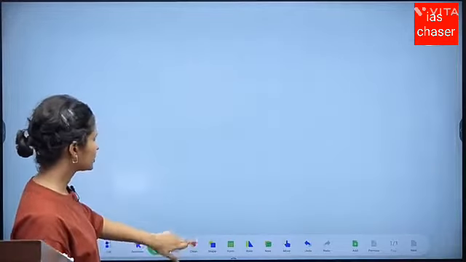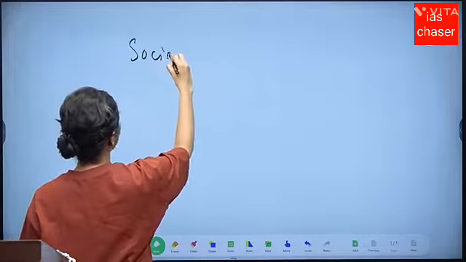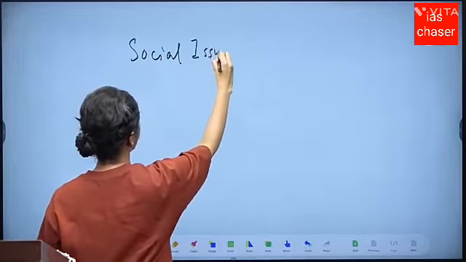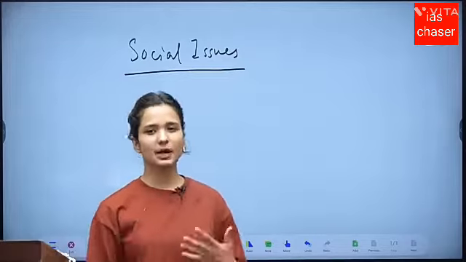So these are the two types of questions that can be answered in geography, physical geography and human geography. Third is social issues. And social issues, I feel if you work on them a little before the mains, it can be very helpful.